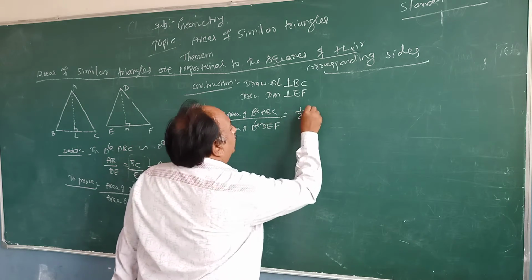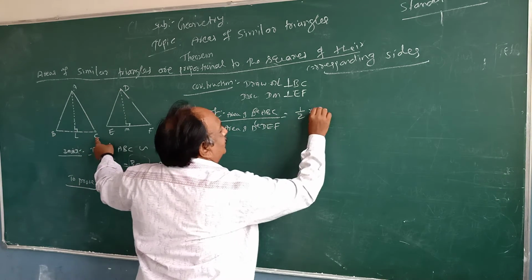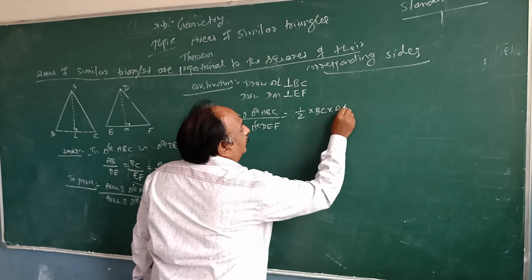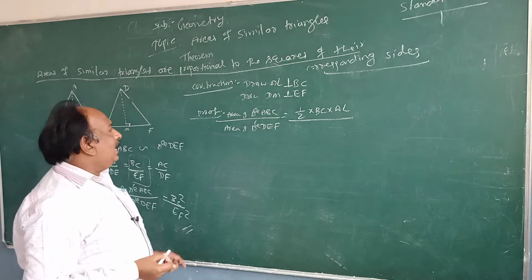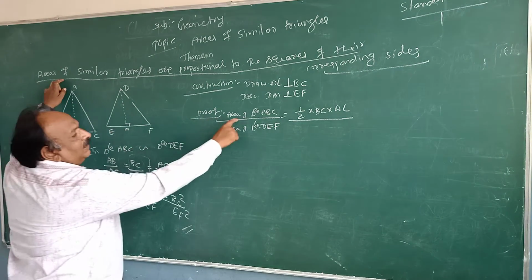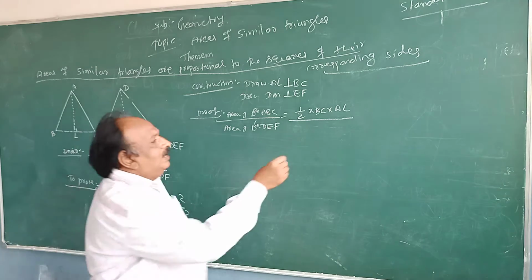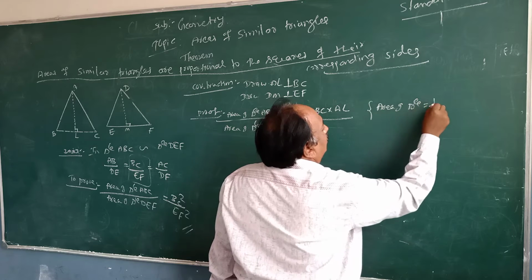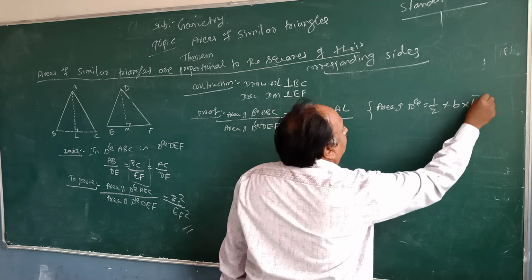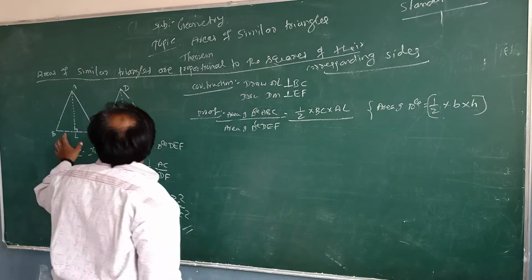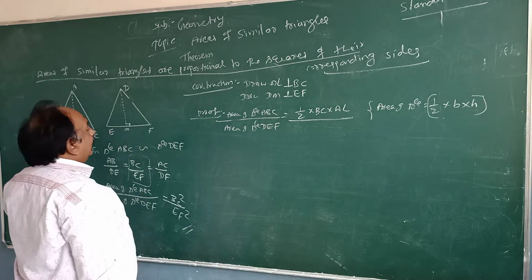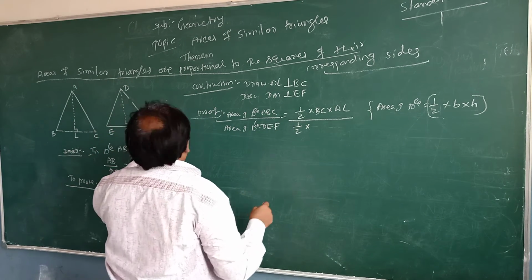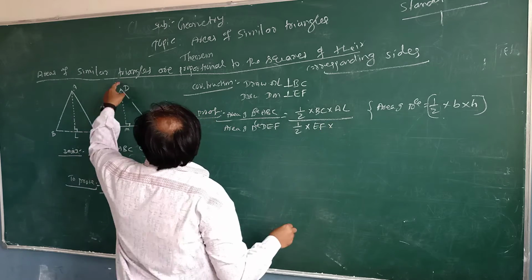That is half into base BC into height AL, divided by half into base EF into height DM.